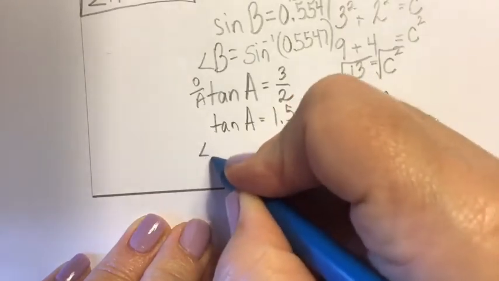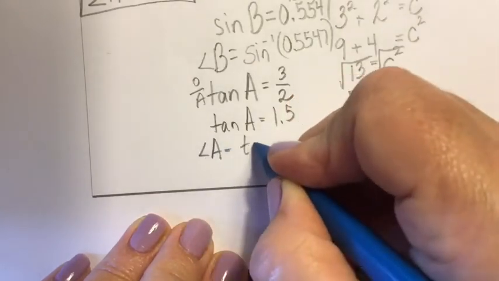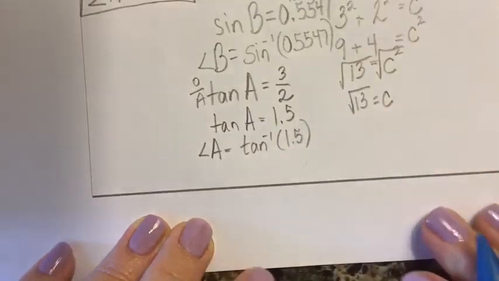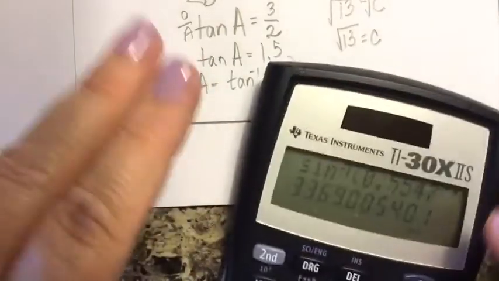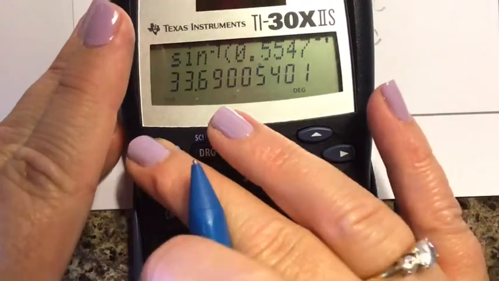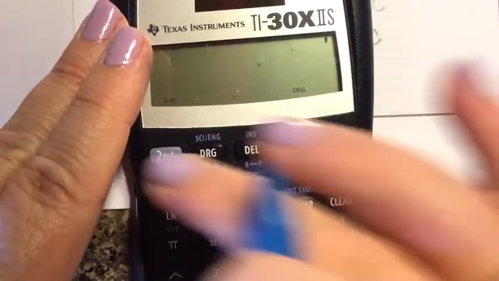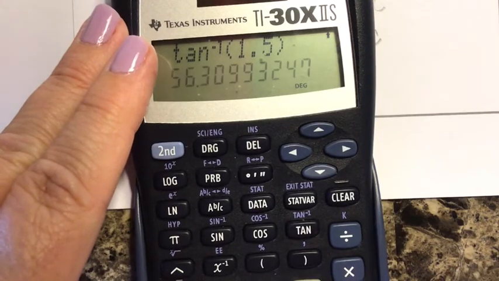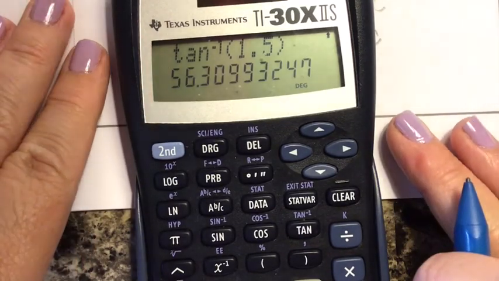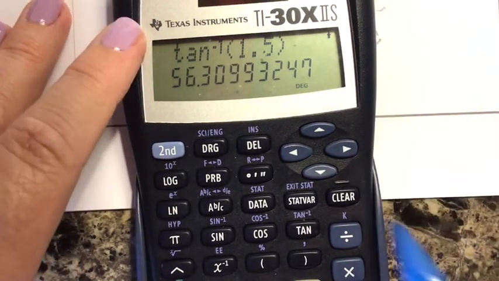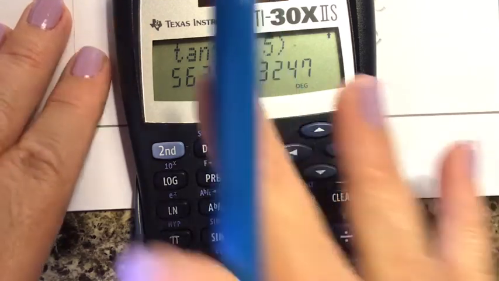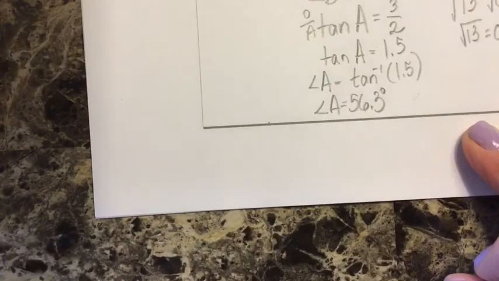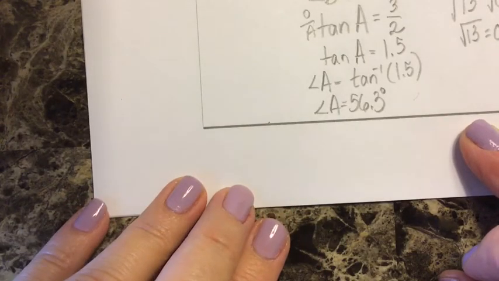To find angle A, I'm going to use the inverse tangent of 1.5. Let's type that in. Inverse tangent 1.5 is 56.3. The 0 tells me to stay there. So 56.3. It is not necessary to do all 3 ways.